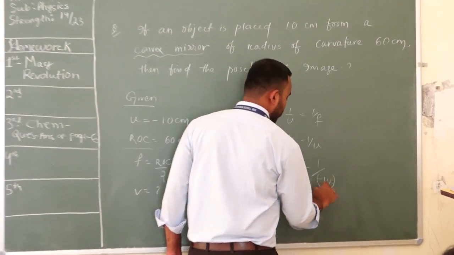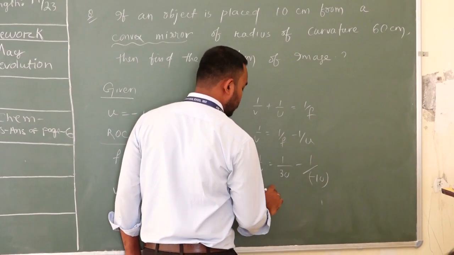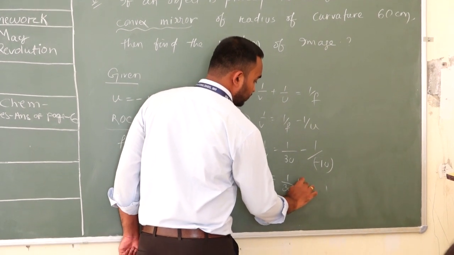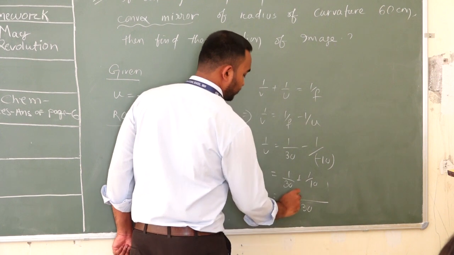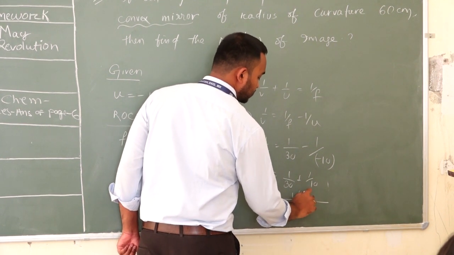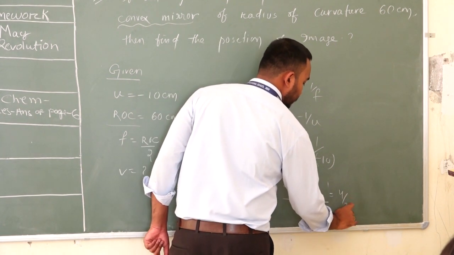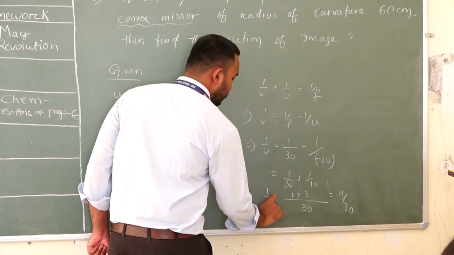Minus 10. Again see, minus minus will become plus. 1 by 30 plus 1 by 10. LCM is 30. 1 plus 3 is 4 by 30.